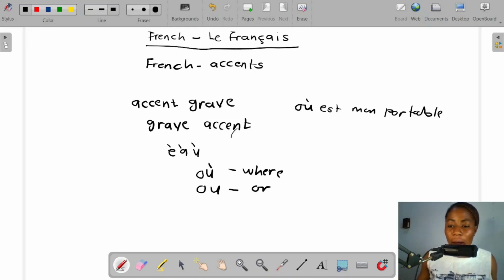Où est mon portable? Where is my phone? Now let's use the or to form a sentence. I've given you a task to use or to form a sentence in the comment section, so that I will see whether you are making progress or not, so that other people can correct you.